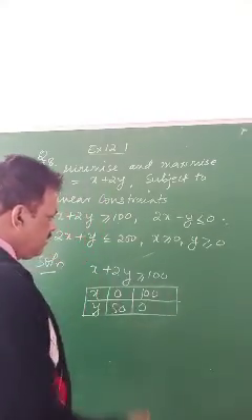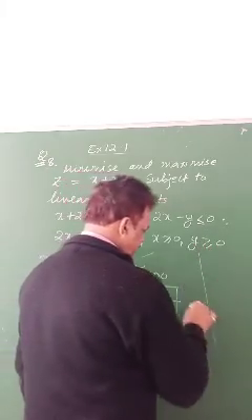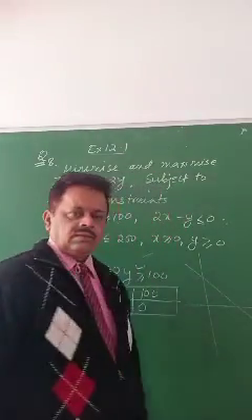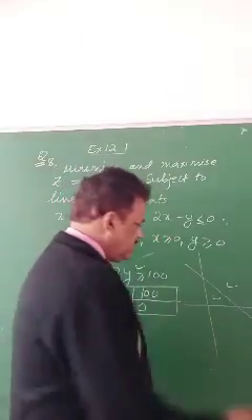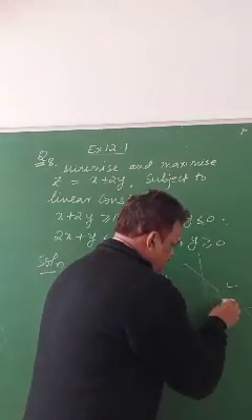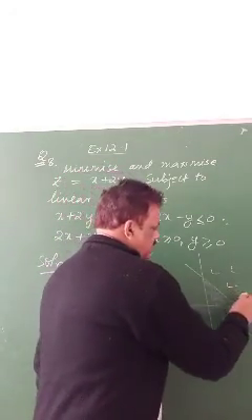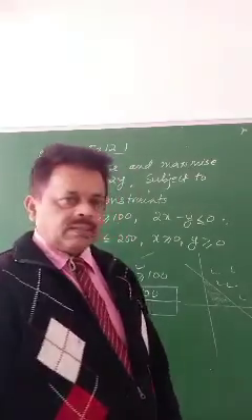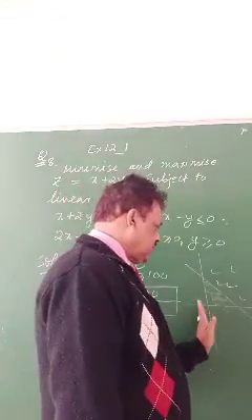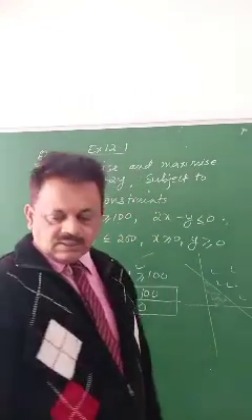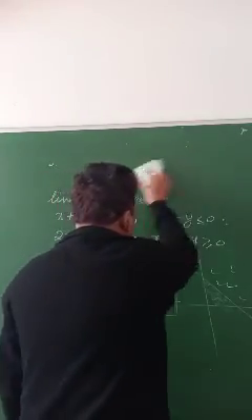I want to tell you the meaning of this. Suppose you got a line like this. It has two regions, region 1 and region 2. Region 1 is towards the origin, and this region is away from the origin. So we have to see whether this inequation has the region towards or away from the origin. That is called the test of origin, which you might have studied in class 11 also.